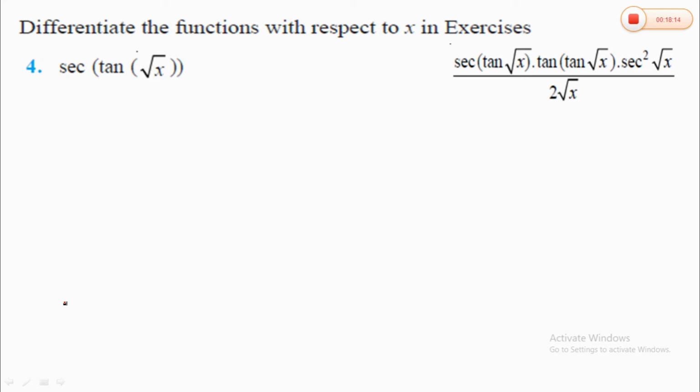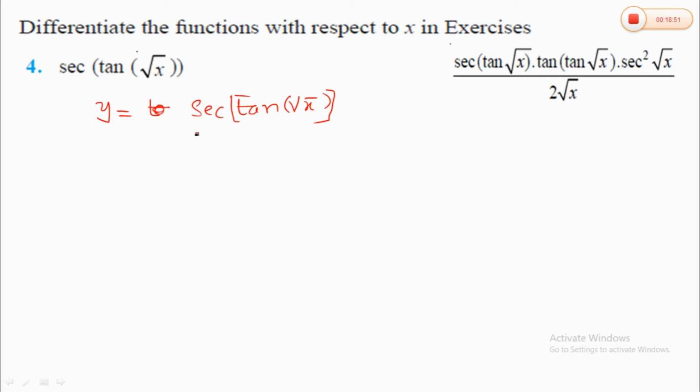So consider the problem sec of tan of root x. First write y equal to sec of tan of root x. So this is a composition of three functions, with root x inside tan, and tan root x inside the sec. As I told, the hierarchy of finding the derivative is left to right.